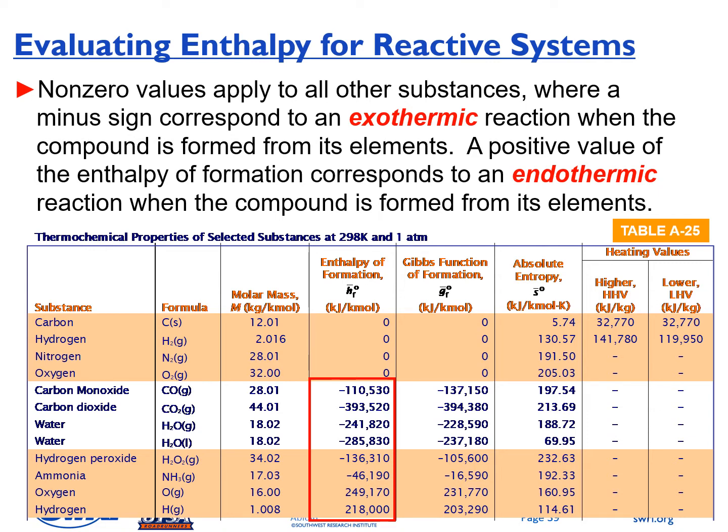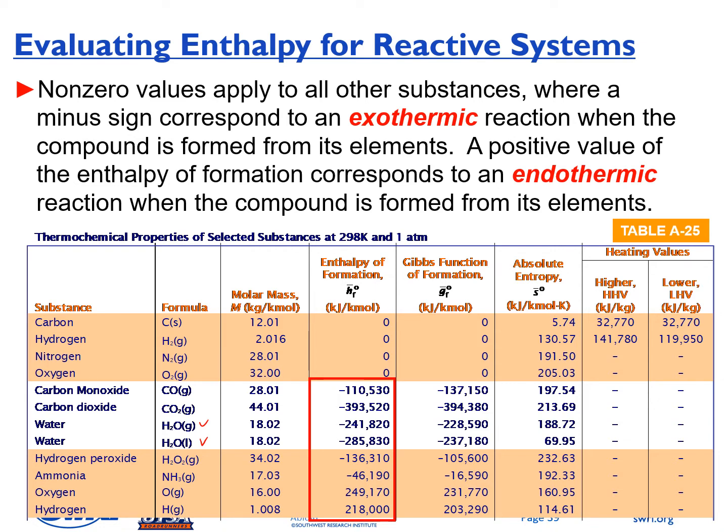So look back again at table A-25, we have more data here. For example, the enthalpy of formation for carbon monoxide, carbon dioxide, and water. There are two types of water here. One is in the gaseous phase, the second one is in the liquid phase. They have a negative enthalpy of formation. This means that the formation of carbon monoxide or carbon dioxide from its elements is an exothermic reaction.